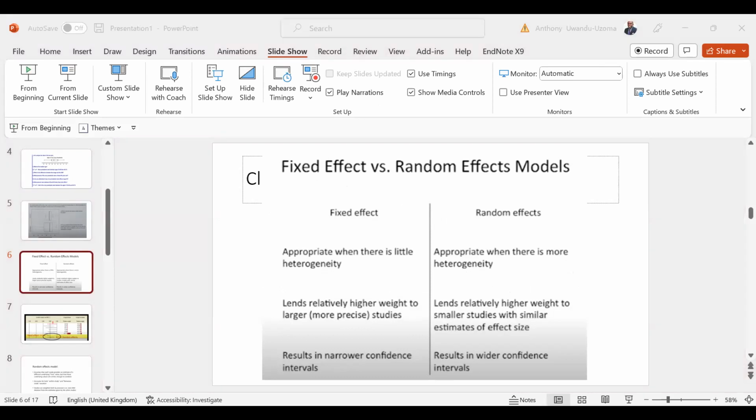In research, you don't just mention one figure and stop there. You have to state the interval where that figure is valid. So if you say the mean is 30, what is the range? What are the boundaries? Let's say 30 plus or minus 5. It will mean that the range is from 25 to what?